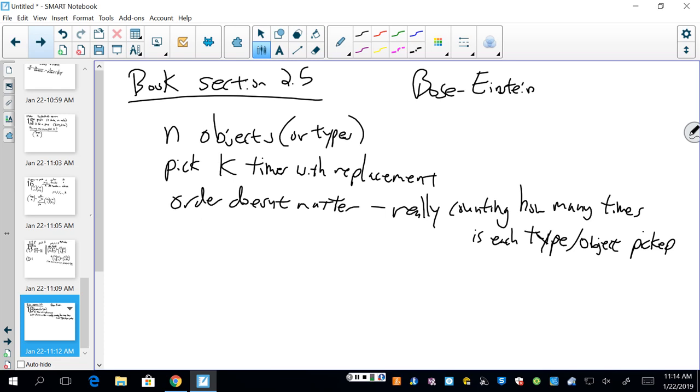We've done unordered without replacement, and we've done ordered with replacement. We haven't quite done this one. What makes this one tricky is the number of duplicates that arise.